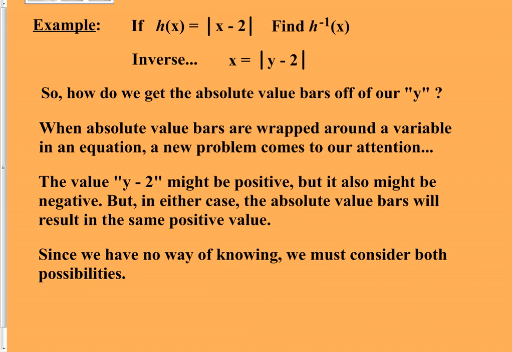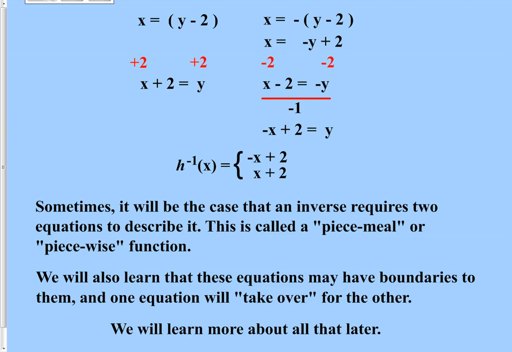When it comes time to take the absolute value bars off of an unknown number like we are doing now, you must basically break the problem into two problems. One treating the unknown value, in this case y minus 2, as if it is a positive number like we're doing on the left there, and a second case where y minus 2 might be a negative number like we're doing on the right side.